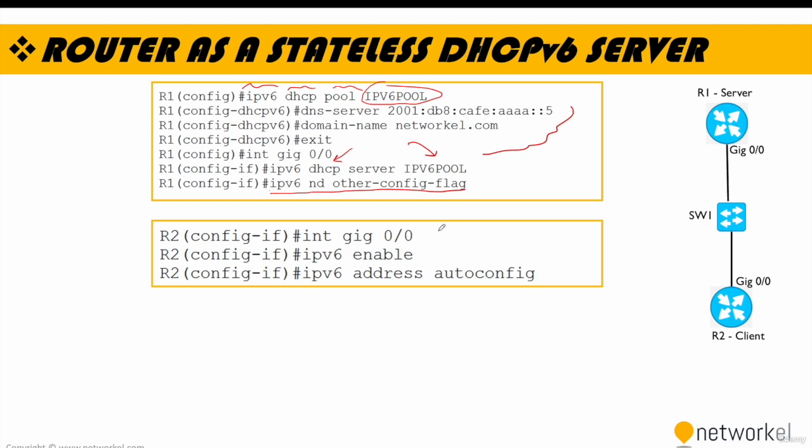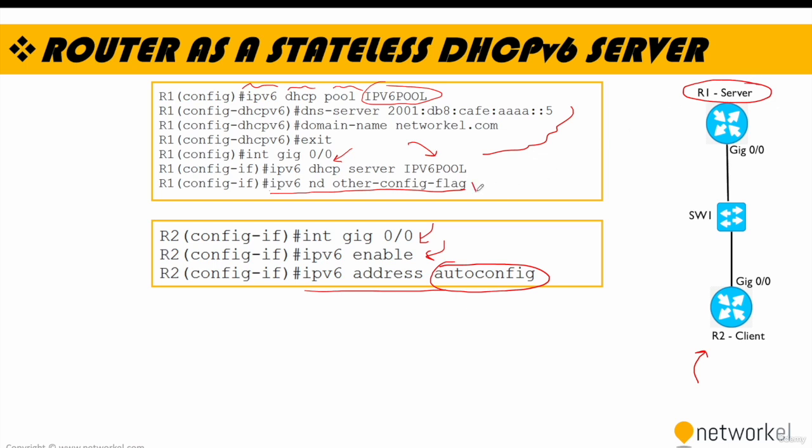Okay, so then what I will do in the client, I go to the interface mode and type IP version 6 enable, and IP version 6 address autoconfig is the configuration that will help this router obtain DNS server and domain name related parameters from router 1.